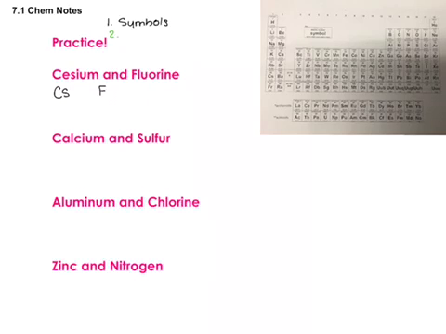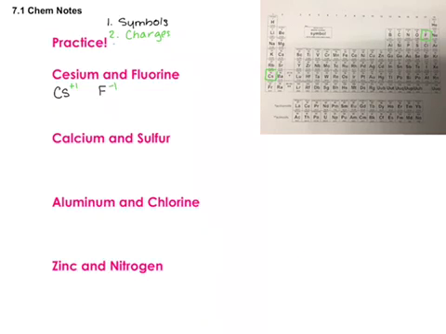Then your second step is to write the charges. That requires you to look at the periodic table. So you'll find cesium in the first column, so that gives it a +1. Fluorine is in the halogens, so that gives it a -1.